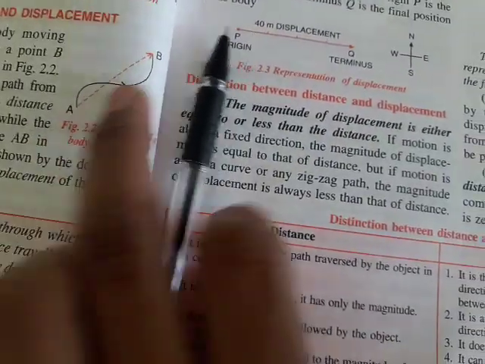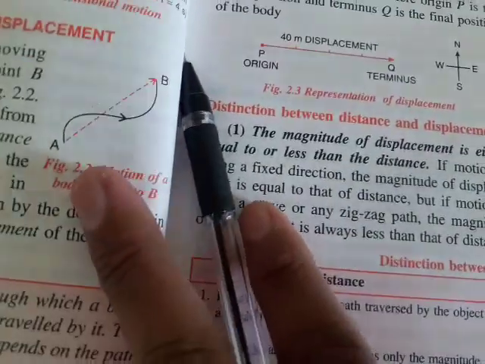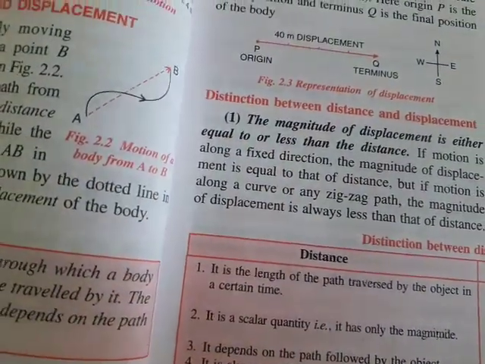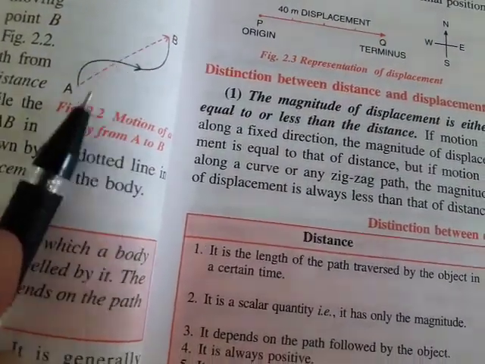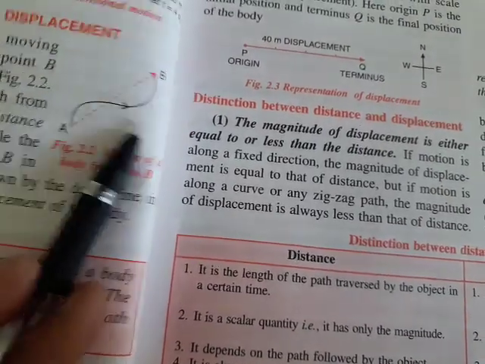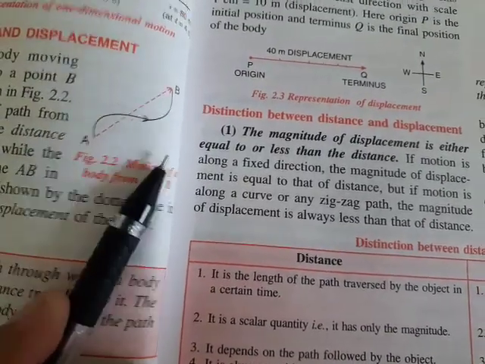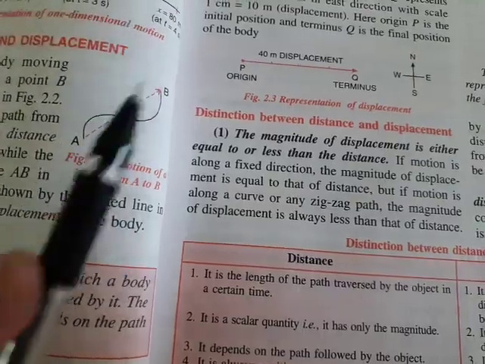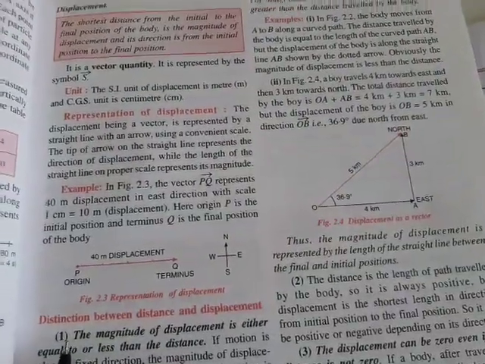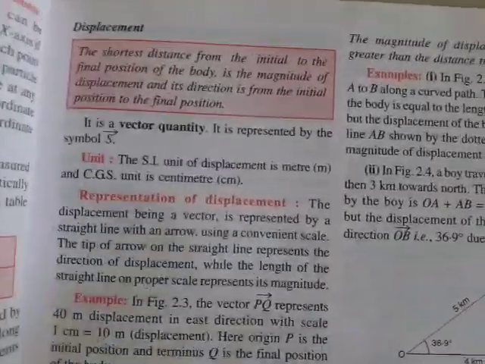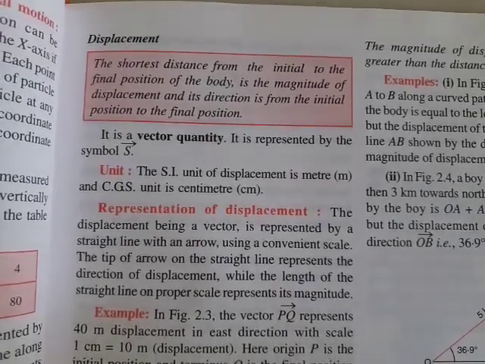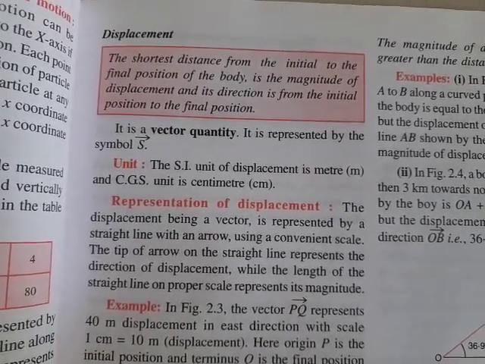What is the initial position here? A. What is the final position here? B. So from A to B, the shortest distance covered from initial to final position is the magnitude of displacement, as well as the direction from the initial to final position. I hope displacement is very clear to you. Don't get confused between distance and displacement. These two are different aspects.